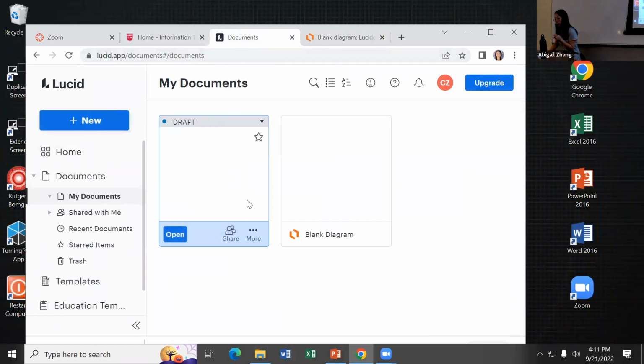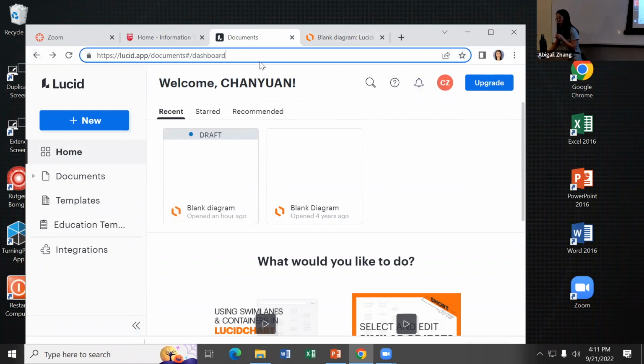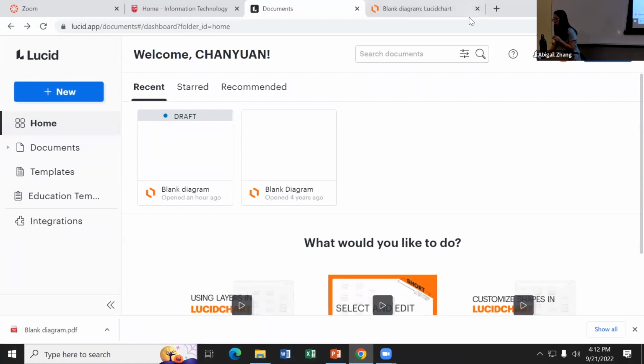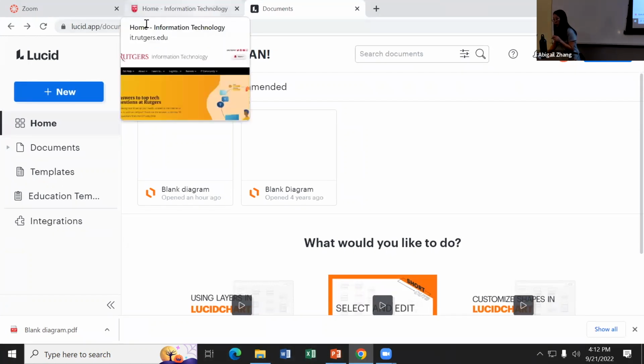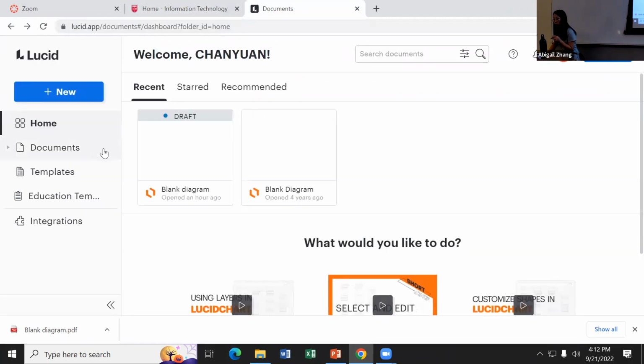After you log in and register, you should be able to see a dashboard like this. So I will give you 2 minutes to complete the registration and get to this first front page.